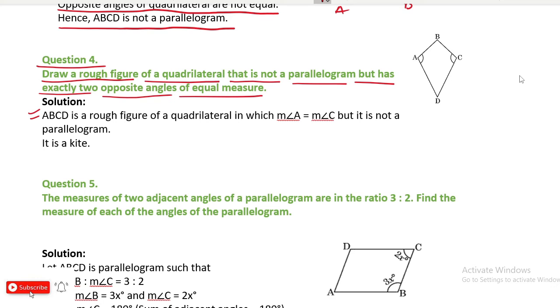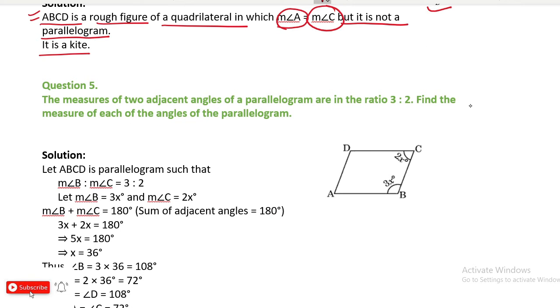Here ABCD is a rough figure of a quadrilateral in which the measure of angle A is equal to the measure of angle C, but it is not a parallelogram. It looks like a kite.